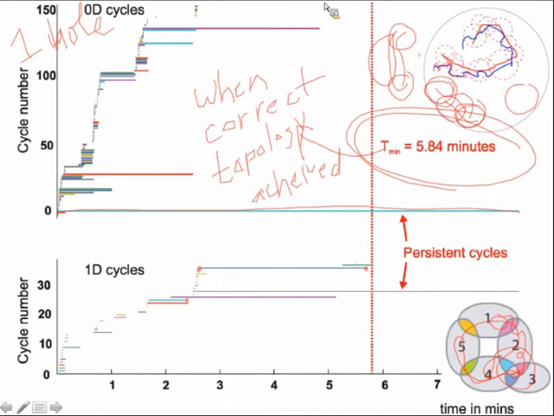Anytime after this point here, H0 is 1, so we've got this one component. But we also need H1 to equal 1 in order to say that we have exactly one hole. That happens as soon as this hole is filled in. This hole starts here, and as soon as it's filled in, H1 equals exactly 1. At this stage, it's equal to 3. At this stage, it's 2.